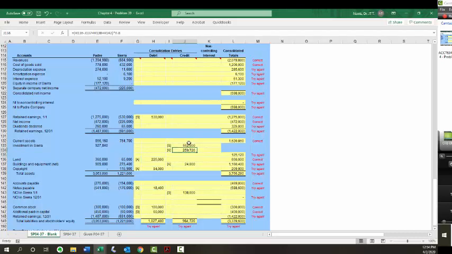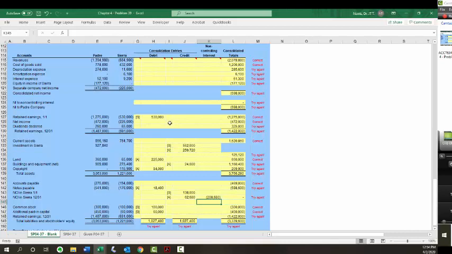Copy that down. Go down here to the non-controlling interest. Paste that in, change it to 20%. And the column for non-controlling interest is going to be the sum of those two as a negative number because they're both credits.